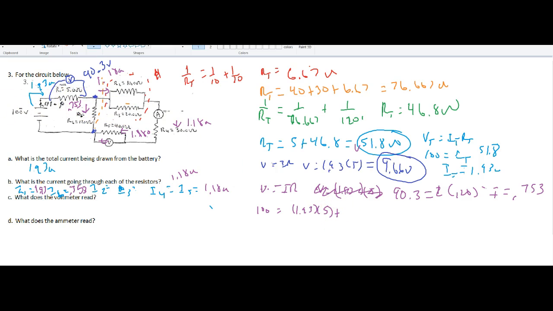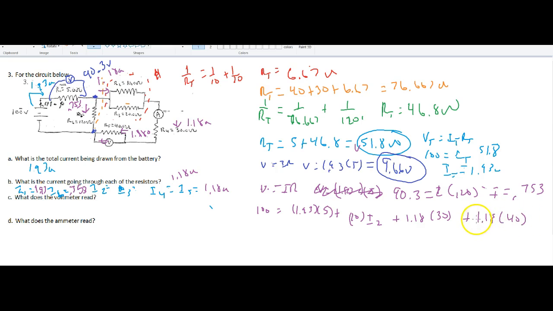Then I'm going to lose 10 times how much goes through that R2 resistor. Plus, I'm going to lose 1.18 times the 30 going through this resistor on my way back home. And then I'm going to lose another 1.18 times 40.